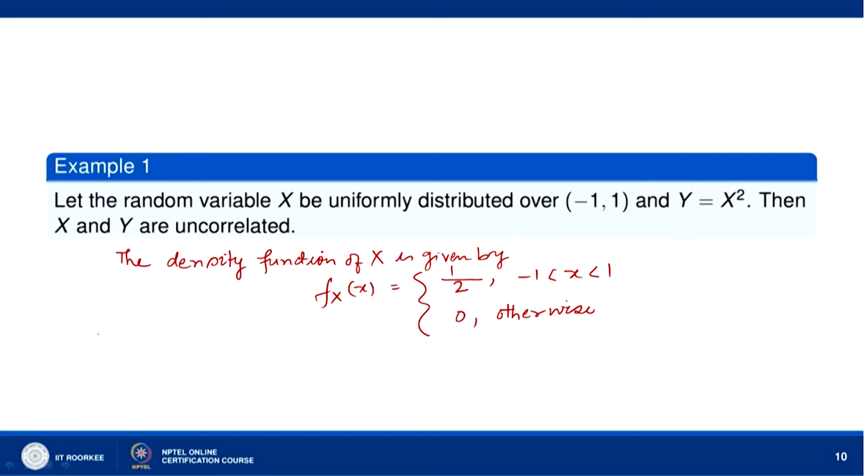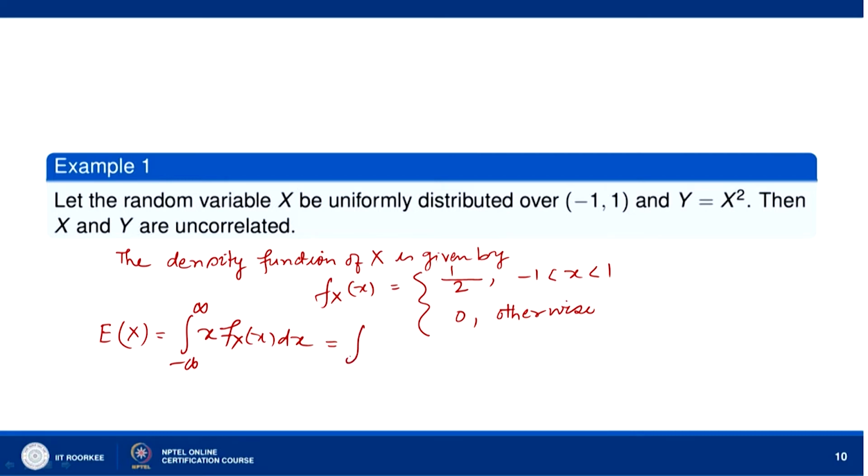Now, we need to find expected value of x. So, expected value of x is integral over minus infinity to infinity x into f x of x dx. Now, it is half over the interval minus 1 to 1.